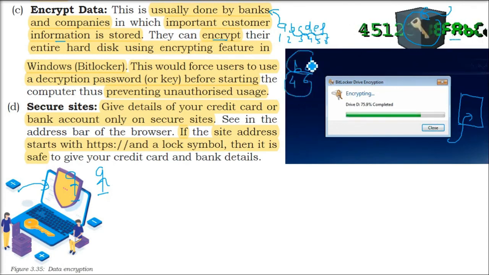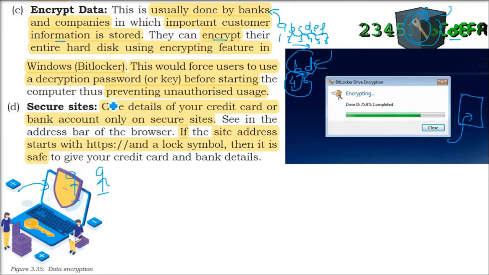That is, 4 and 6 is a waste for them. They will not be able to know that it was actually BD. So you have encrypted it. But when somebody wants to really learn what you sent, 4 has to be converted to B, 6 has to be converted to D. That is called decryption. That is the reverse of encryption. And this decryption is just to prevent any kind of unauthorized usage.